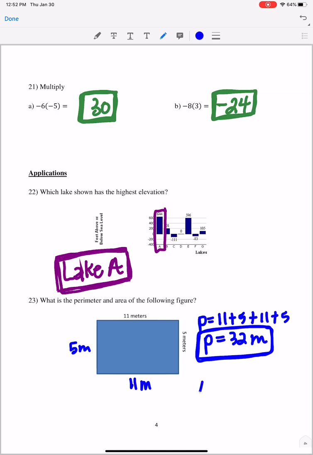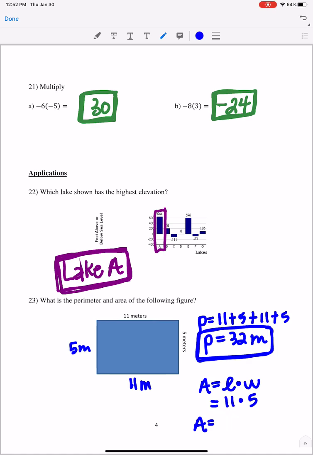So then area is length times width. My length is 11. Think length is your longer side. Times width, which is 5. 11 times 5 is 55.